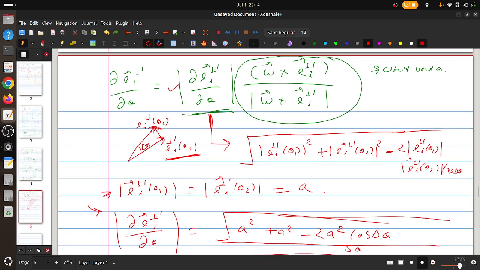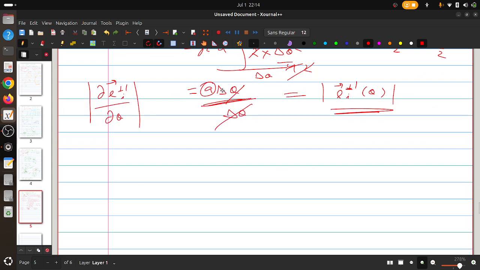So we have figured out what the mod is. Now we want to figure out what this quantity exactly is. Let me just switch to the green now. So del E perpendicular prime by delta theta would be simply mod of E_I perpendicular prime at any theta. This mod, the modulus of this vector, is constant because it's rotating, so it doesn't depend on theta.